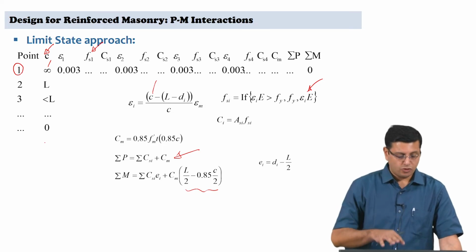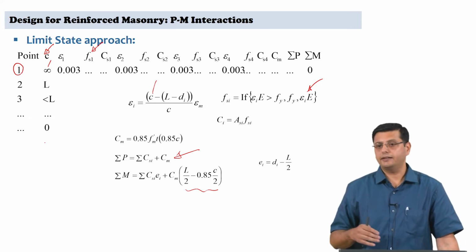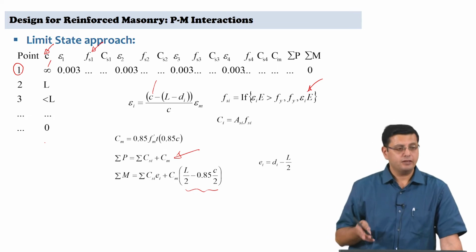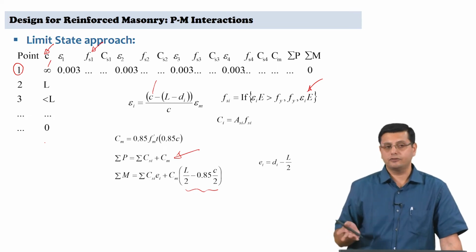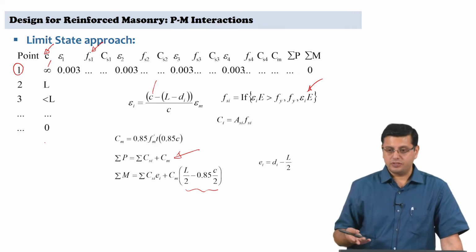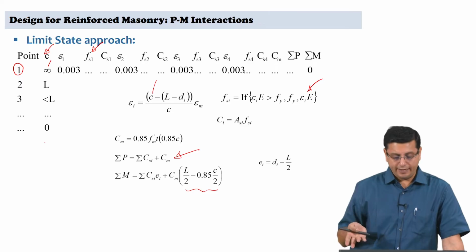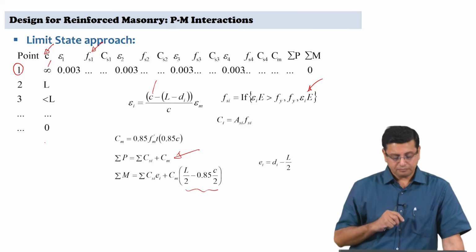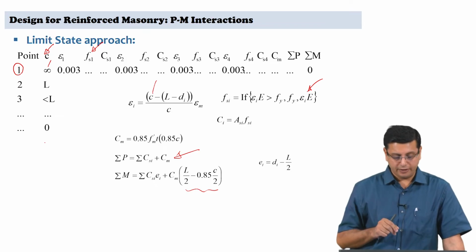So, when you are looking at design for P plus M, the code actually gives you two iterative procedures. The descriptions of the iterative procedures are available in the annex of the section that deals with reinforced masonry in the National Building Code.